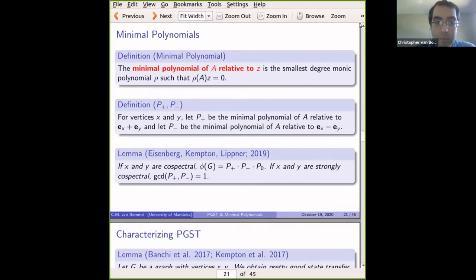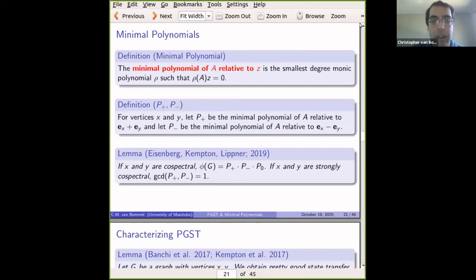And when x and y are cospectral, these polynomials are factors of the characteristic polynomial, and then there's some extra term left over, which represents eigenvectors that are 0 on both the vertices.